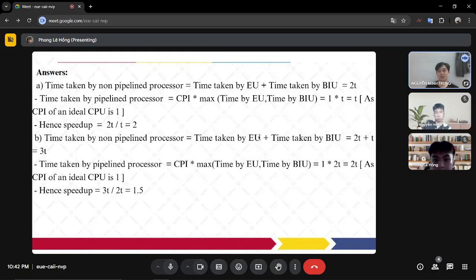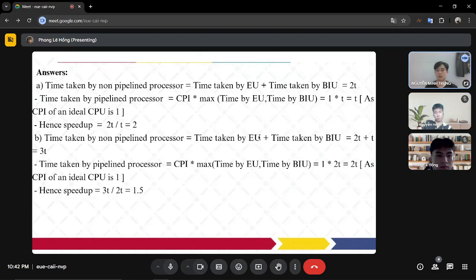Answer A. Time taken by non-pipelined processing: time taken by the EU plus time taken by the BIU, which equals 2T. Time taken by pipelined processing: CPI estimate, with time by the EU and time by the BIU each equal to T, so the time is T, the CPI of the ideal pipeline. Speedup equals 2T divided by T, a ratio of 2.